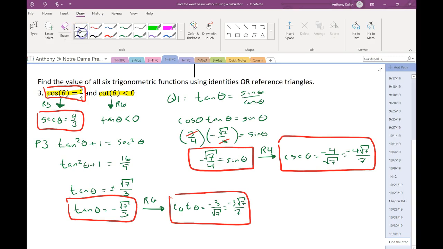We okay on this one? Okay. I'm going to skip the next several and go down to the last one in this section, which is, I think, number 6.